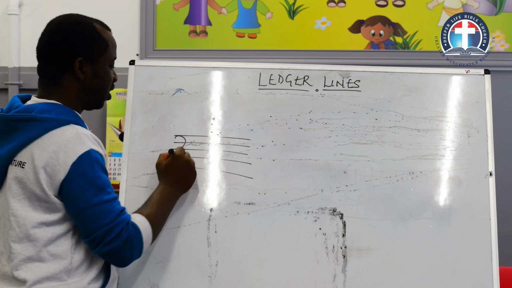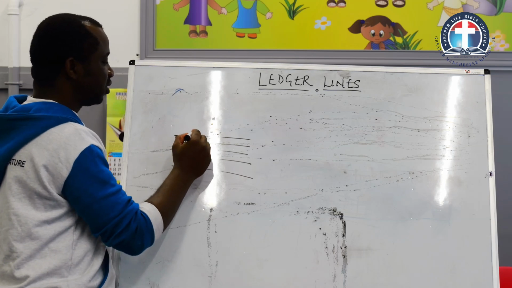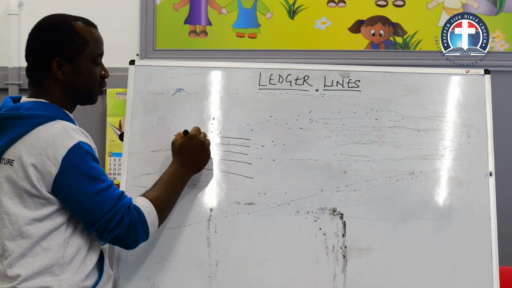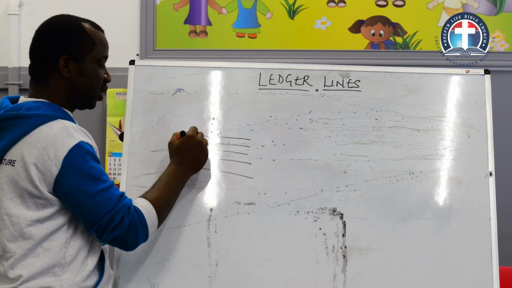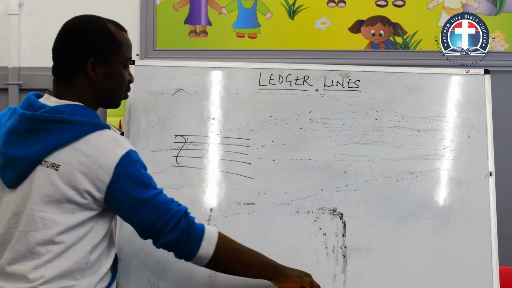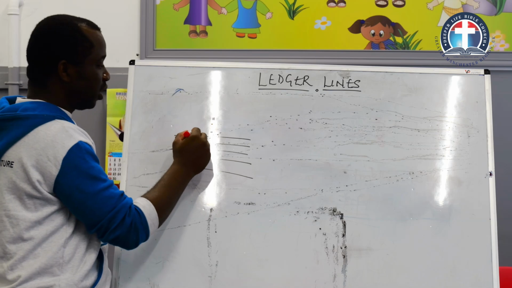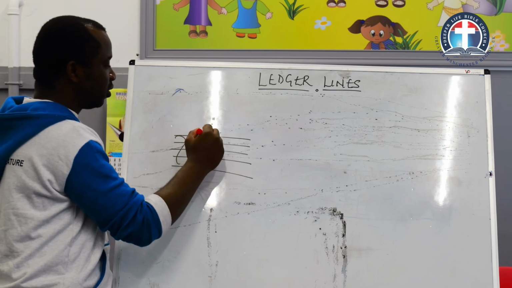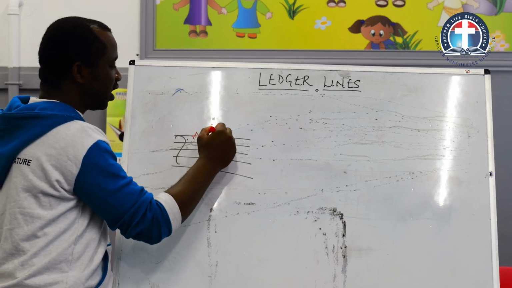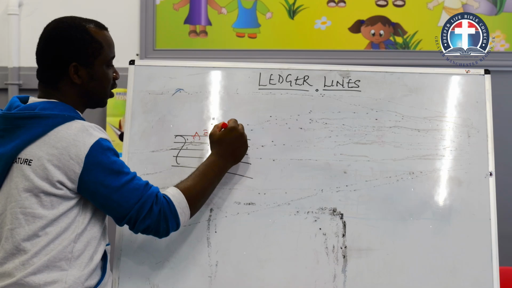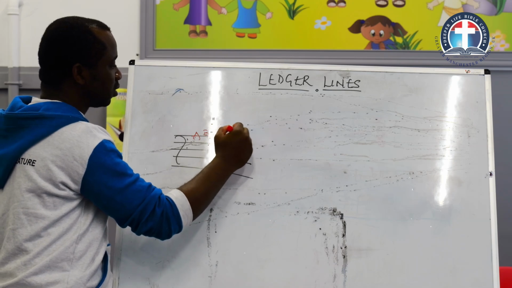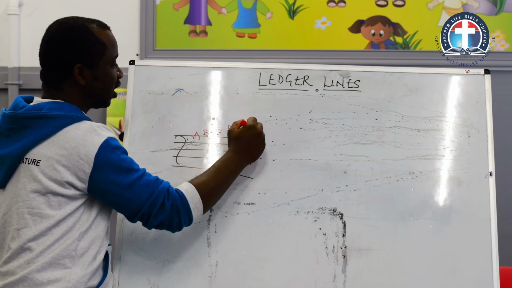If you have your bass stave here, okay, so this is what letter is this? The last line. What letter is the last line here? 5th line? A. So this space is B, right? So first ledger line C, then this is D, and then the second ledger line is what?